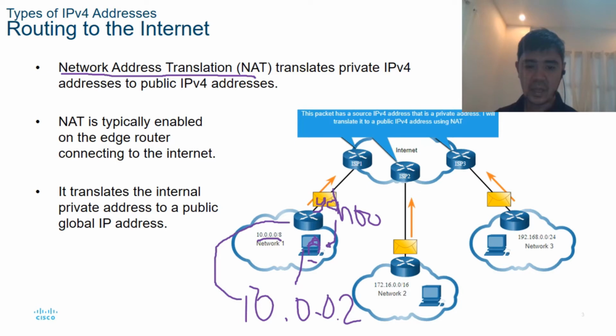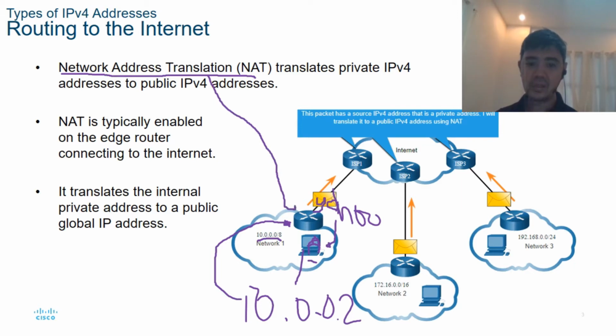When it goes into the router, what this router will do is change this private IP into a public IP. There is a public IP assigned to this network. So what the router will do is change the private IP to a public IP. For that to happen, NAT should be set up or configured in this router.